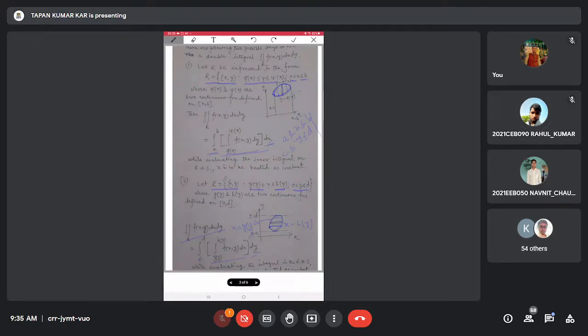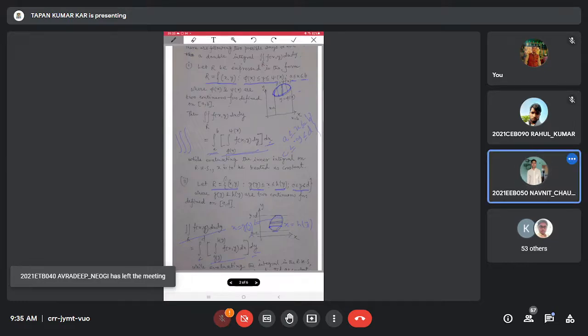But if one limit is variable, then that variable limit must be done first and the constant limits last. Suppose you are considering a three-dimensional triple integral. In that case also, if variable limits are there, they must be done first, then the constant limits come.